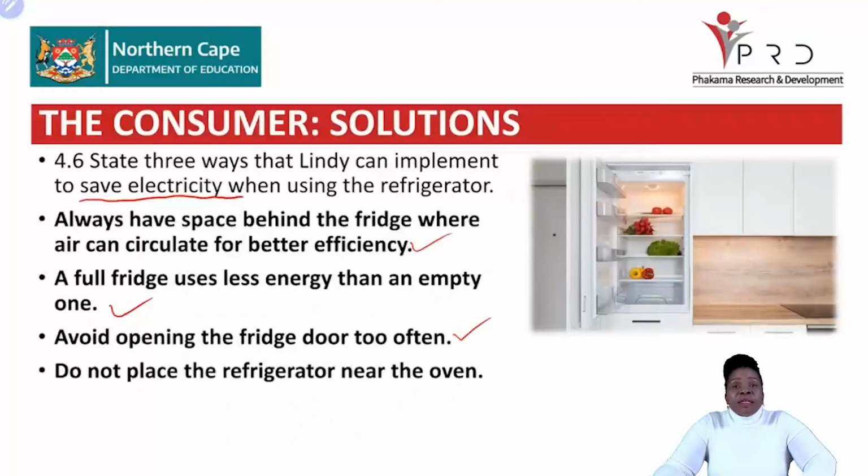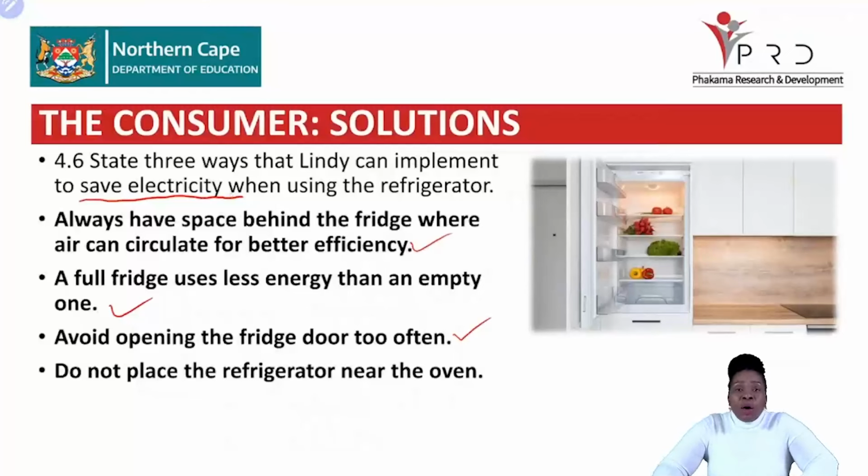Then it means the fridge has to use more energy so that it regains the temperature that is supposed to be inside the fridge, thereby using more electricity, right? And then do not place the refrigerator near the stove. What happens on the stove?